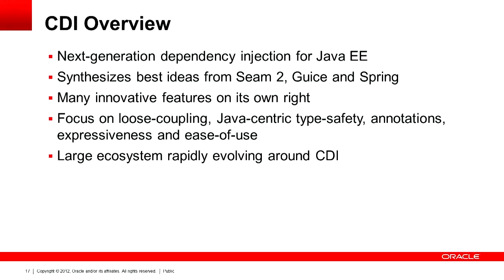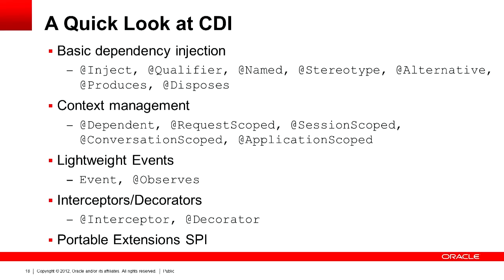So let's talk about CDI in a second. CDI, I won't talk about a great deal of it. It's the standard API for dependency injection included in Java EE 6 and EE 7 onward. It basically standardizes the ideas in Seam 2, Guice, and Spring, and the like. These are the basic annotations for it. As you can imagine, @Inject, @Qualifier, @Named, stereotype.